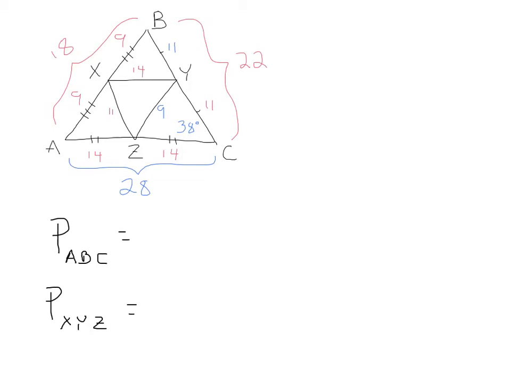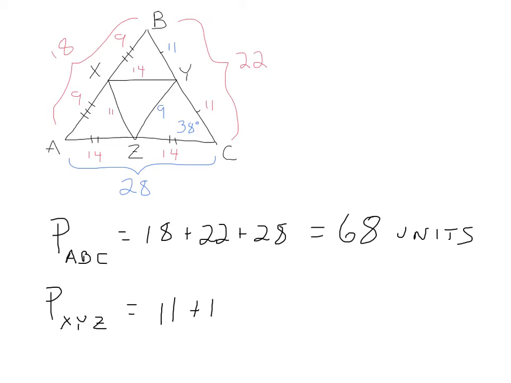The perimeter of ABC would be 18 plus 22 plus 28, which is 68 units. And the perimeter of XYZ would be 11 plus 14 plus 9, which is 34 units.